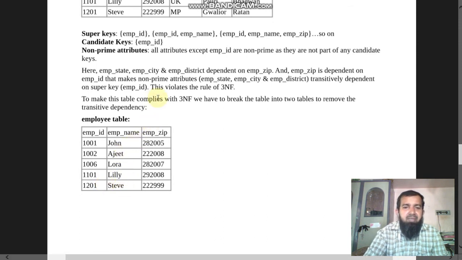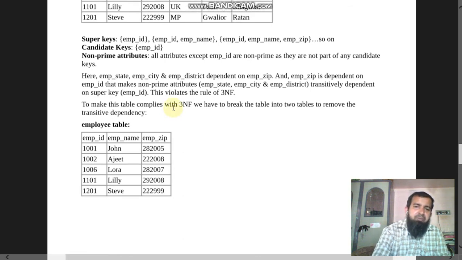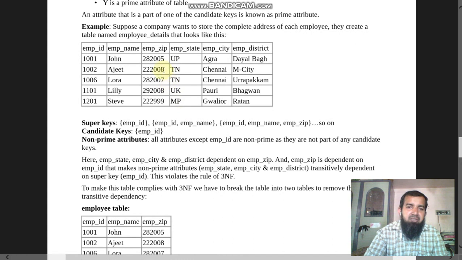To make this table comply with 3NF, we have to break the table into two tables to remove the transitive dependence. This is the whole table. The columns employee ID, employee name, and employee zip become a separate table.